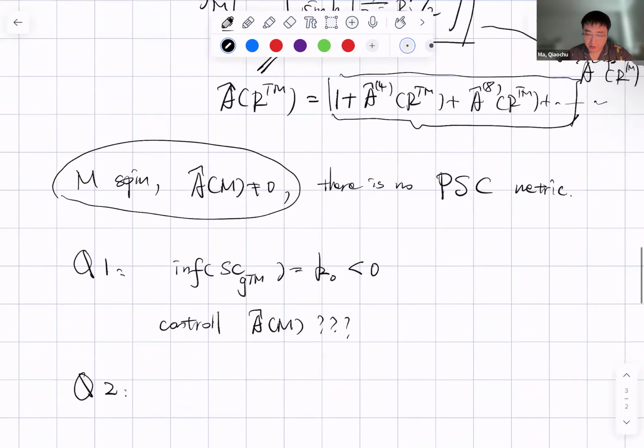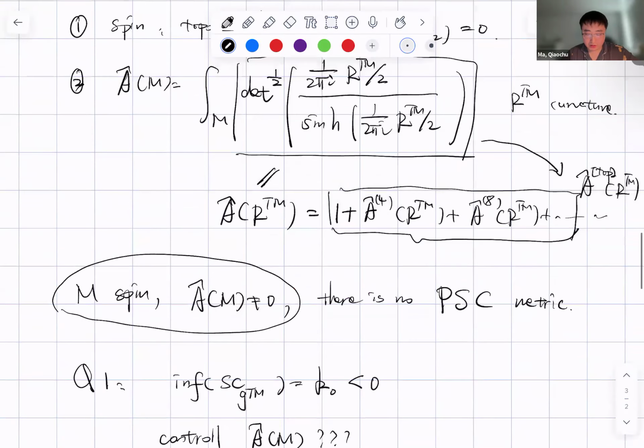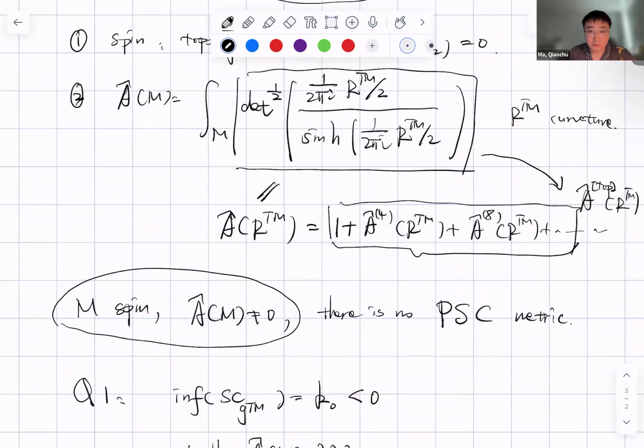Question two. Let's go back to this A-hat genus. It has many components: degree 4, degree 8, and degree top. We only use its top degree part.